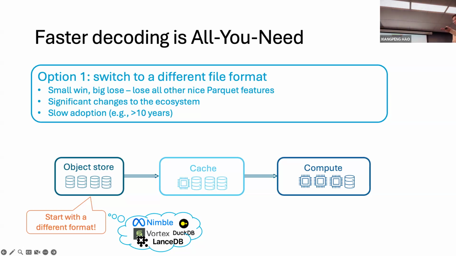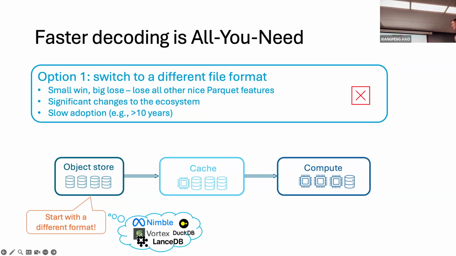Yet most Parquet files are still using Parquet v1. So evolving Parquet or having a Parquet v3 is also not a solution for us. And it can take more than 10 years to actually adopt a new, better Parquet format, which is longer than a PhD. Yeah, so we're not doing that.